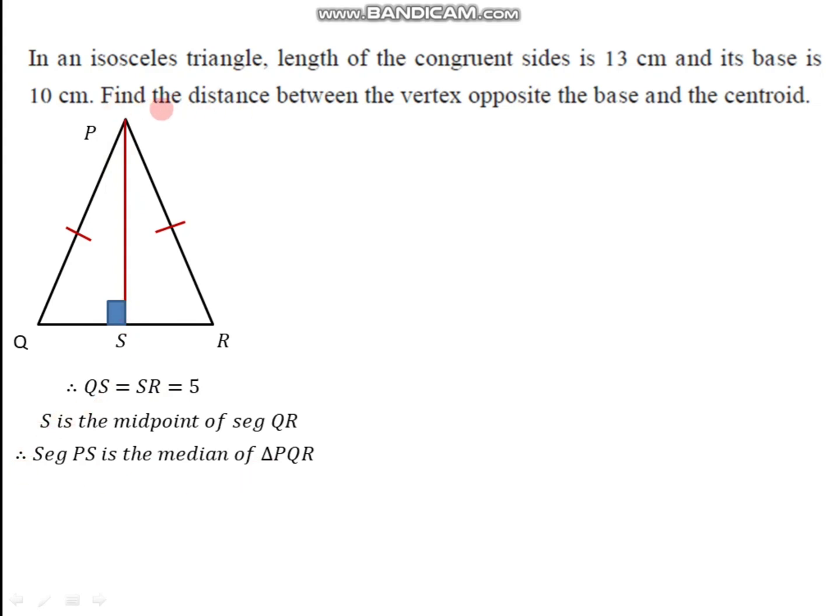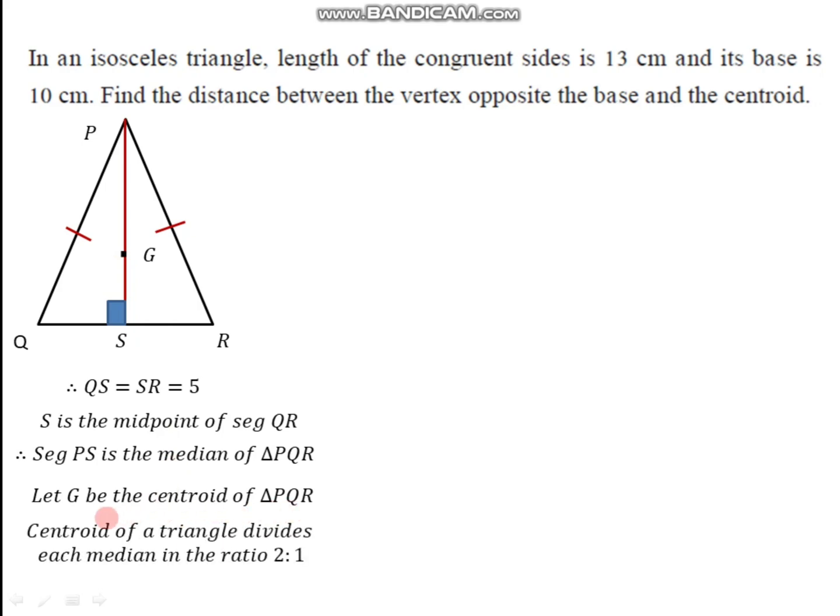Now we have to get the centroid for this triangle. We know that for any triangle, the centroid is the point of intersection of three medians. So as PS is a median, on segment PS there must be a point G, which must be the centroid of triangle PQR. So let us consider point G, the centroid of triangle PQR.